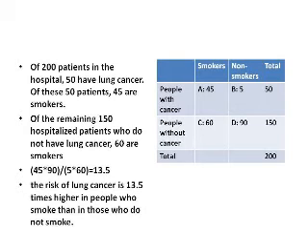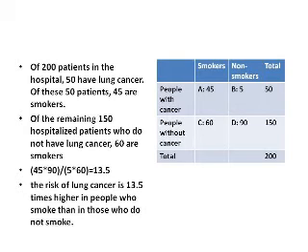So in this case, the risk of lung cancer would be 13.5 times higher in people who smoke than in those who do not smoke. And this measure would be the odds ratio. In this case, it's comparing smokers with non-smokers and people who have cancer with people who do not have cancer, and it would be 13.5.